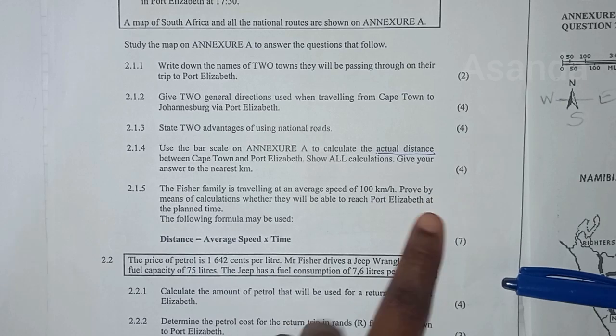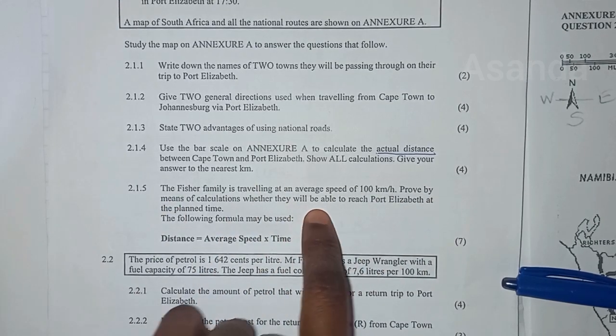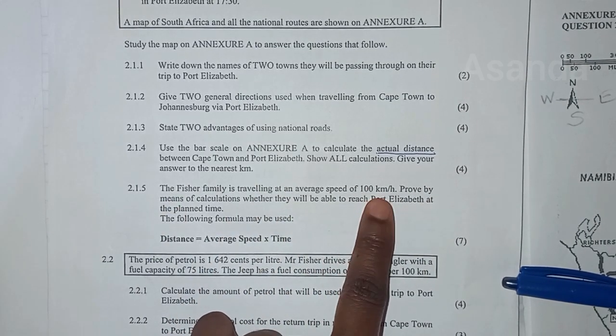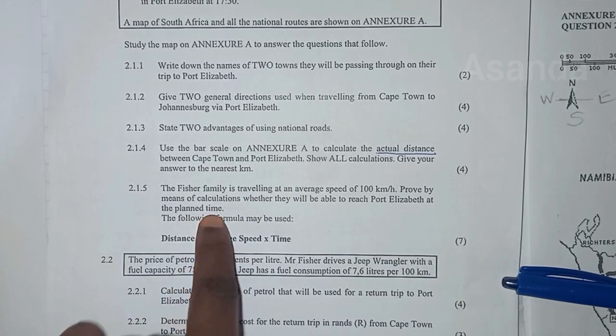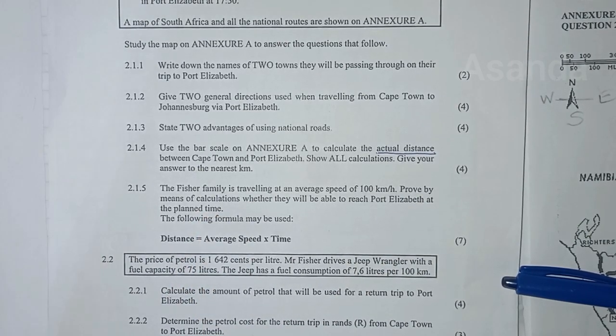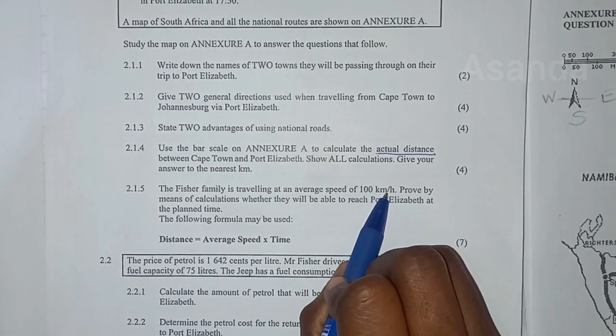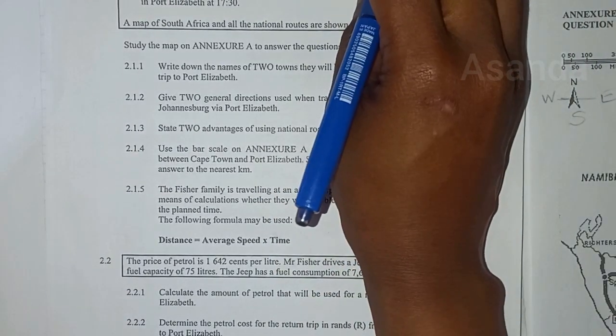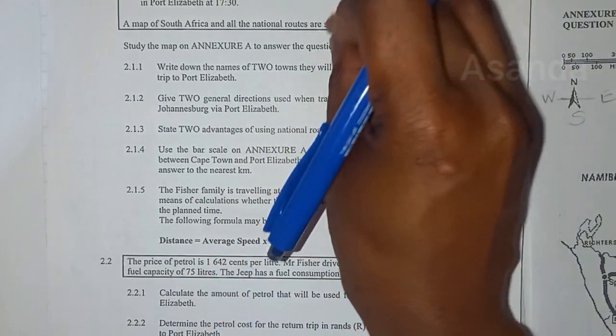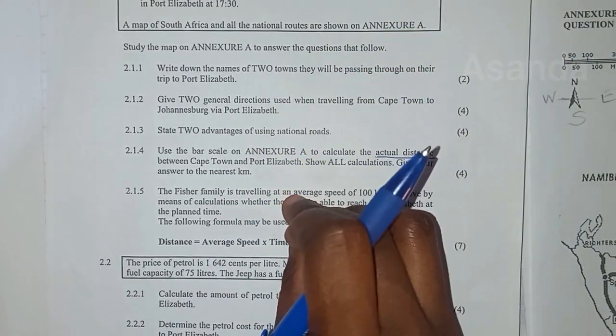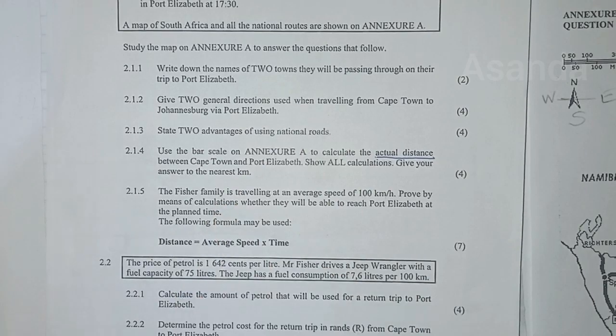Now, prove by means of calculations whether they will be able to reach Port Elizabeth at the planned time. Okay, now we have the speed, we have the duration.